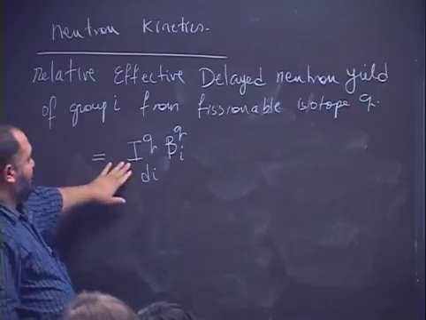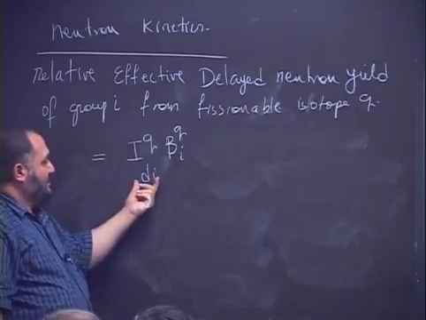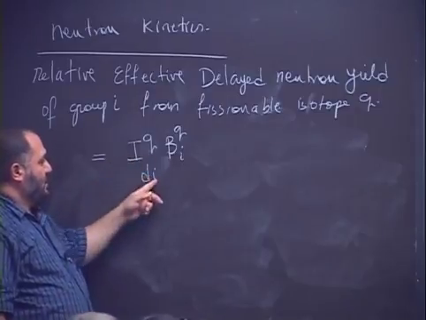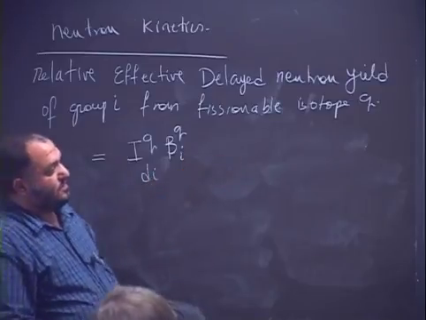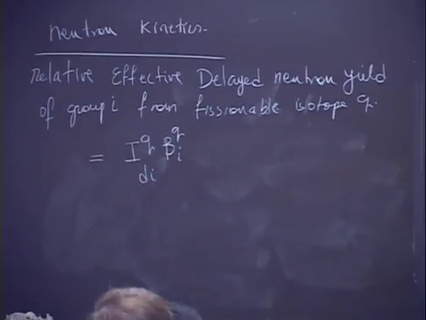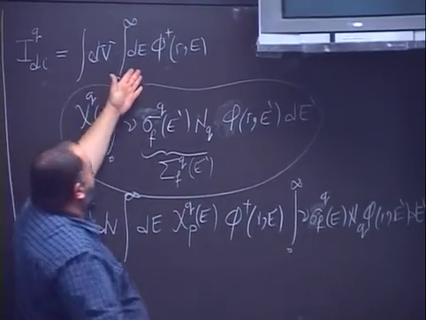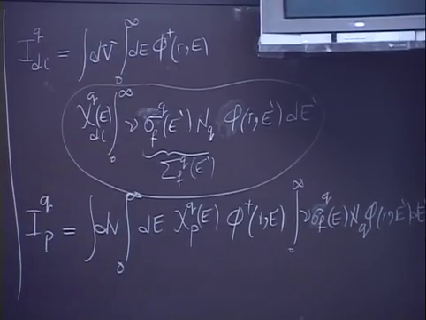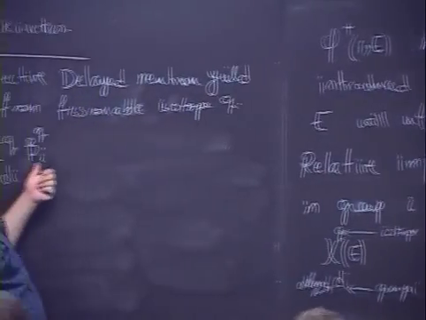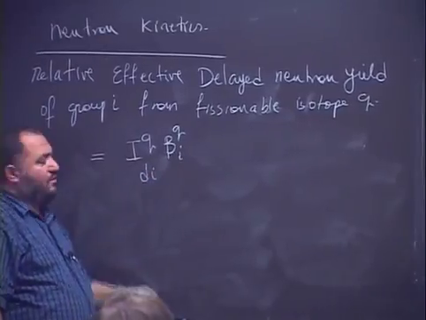What we did here is what? We got I_Q,D_i. What is this? This is the number produced at D_i, and this is the number that will do the fission, and this is the total number. If you multiply this total number by this fraction, so beta_i is what?